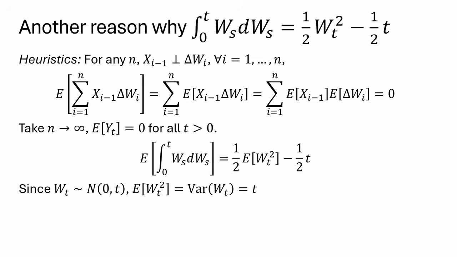Since W_t is normal (0, t), the expectation of W_t squared is simply the variance of W_t, which is t. And that's exactly what we needed. The right-hand side vanishes. Without the minus half t term, the right-hand side is just half W_t squared, which is non-negative, and therefore its mean is also non-negative, which would violate the general property of the Ito integral. Its mean should always be 0.